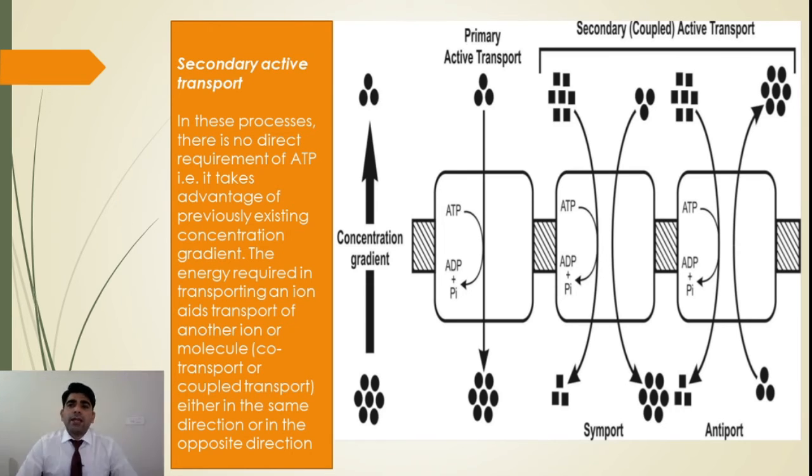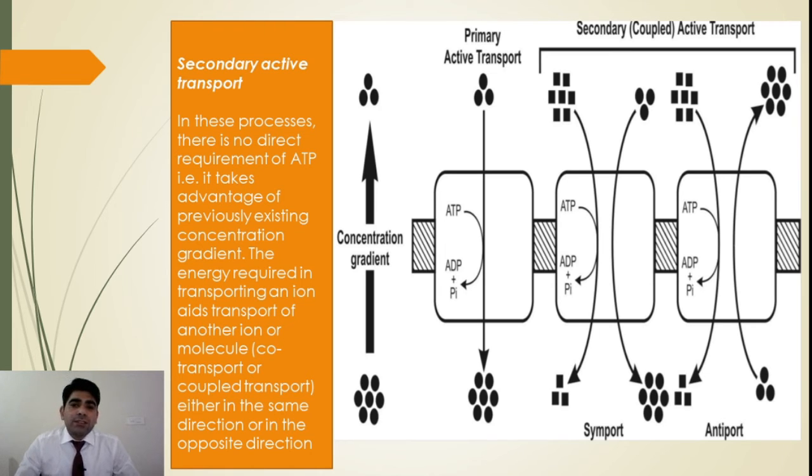On the basis of direction, secondary active transport is further divided into two types. Symport: as you can see in the diagram, with the directions of arrows we can understand, if the transportation is taking place in the same direction, then it is called symport, and if the transportation of the molecules or counter ions is taking place in the opposite direction, then it is called antiport.